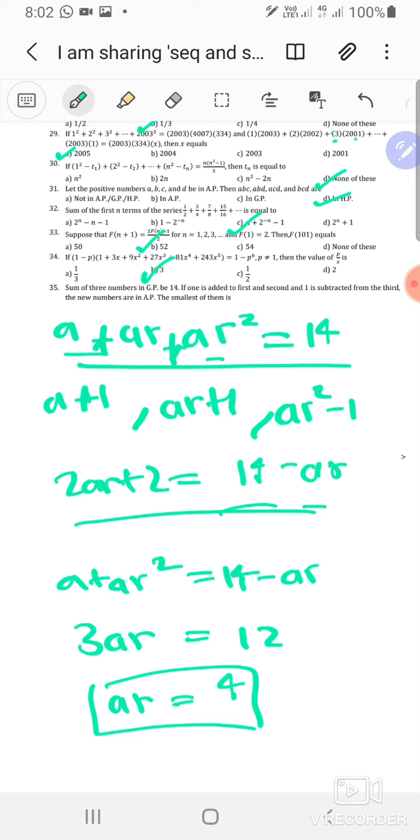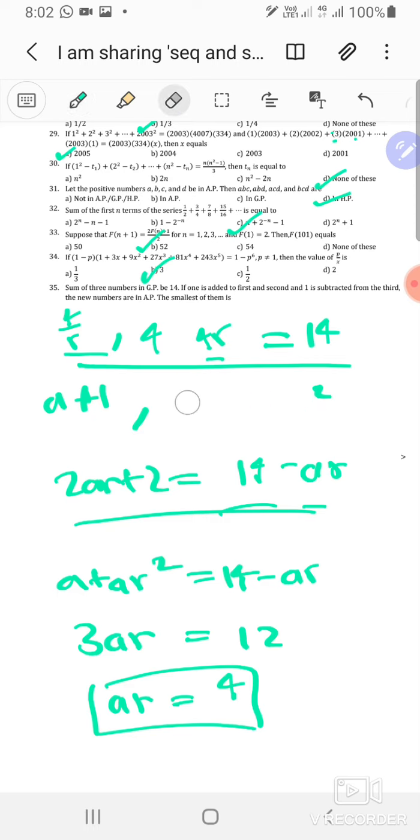Okay, cool. So that's 4. So this is going to be 4 upon r. So you got 4 upon r, and 4r. Fine. That has to be equal to 14. We used those equations to get this thing, so we have no need for those anymore. Okay, cool.